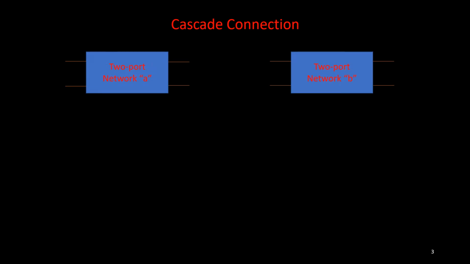Here we'll consider two ports network. Port number 1 of network A, and this is your network B. For network A, this voltage I'll call V1A, and entering current I1A.